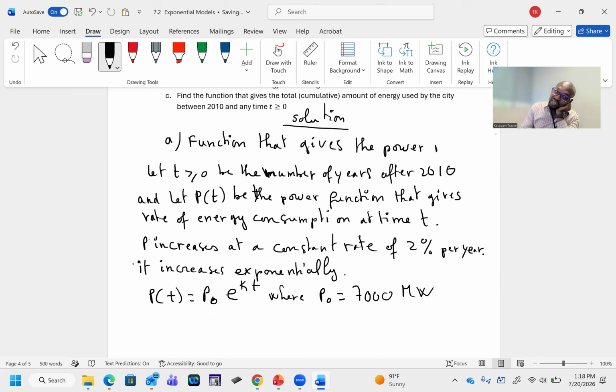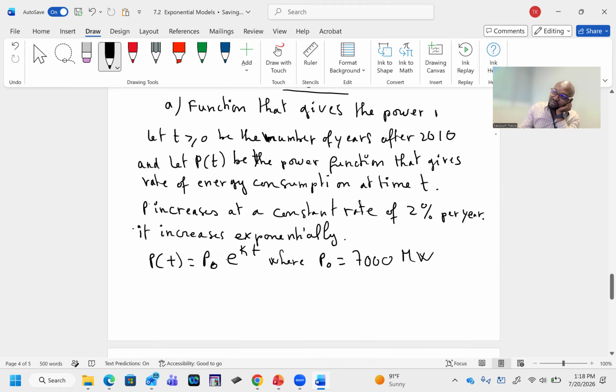So now we need to find k. Same thing, it increased by 2%. So that means P1 will be P0 increased by 2% of P0, so plus 0.02 P0. P2 will be, again, increased by 2%, and so on.